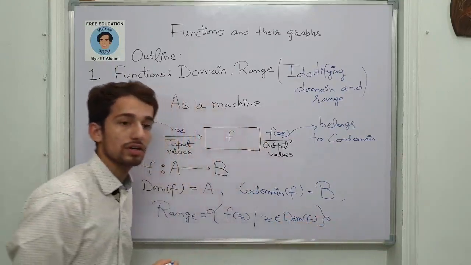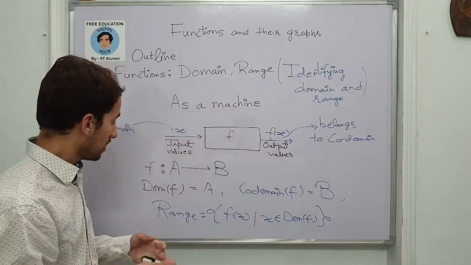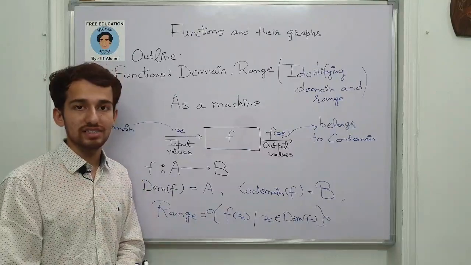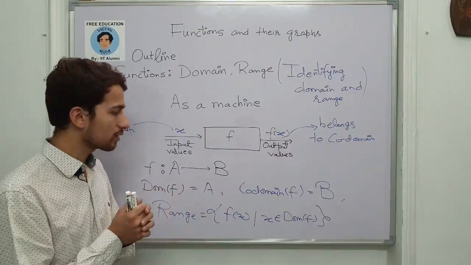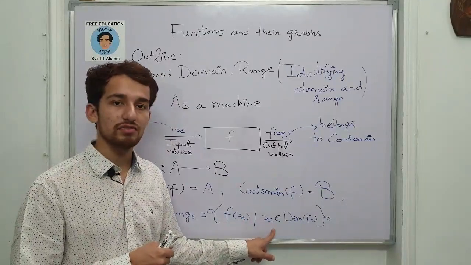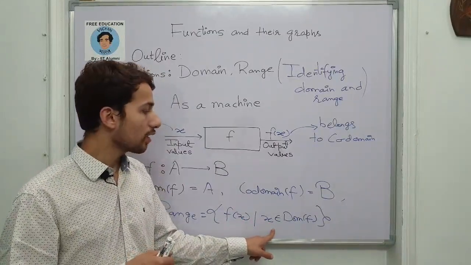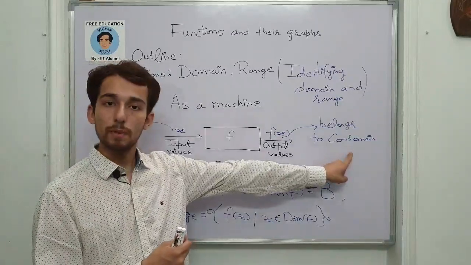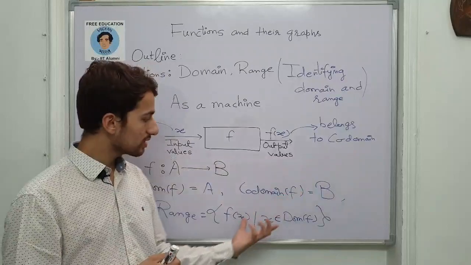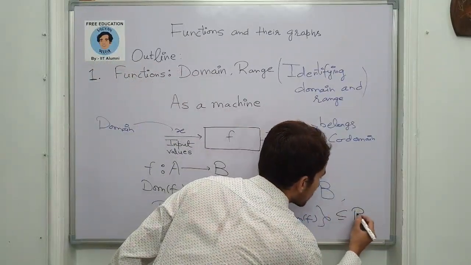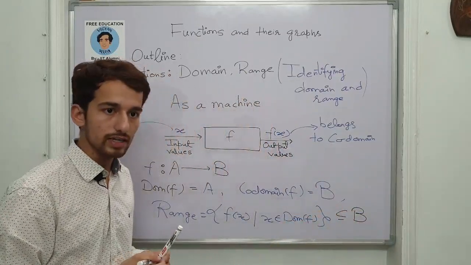Let's try to understand it again. What is the range? Range is nothing but the collection of images. You take all the images and collect them in a set. The collection of those f(x) corresponding to the values of x which you input is your range. And obviously all these values belong to the codomain, so this set is a subset of the set B. This is an observation.